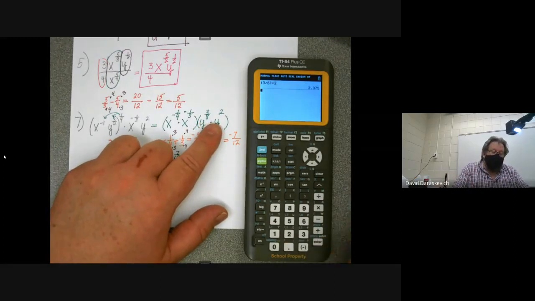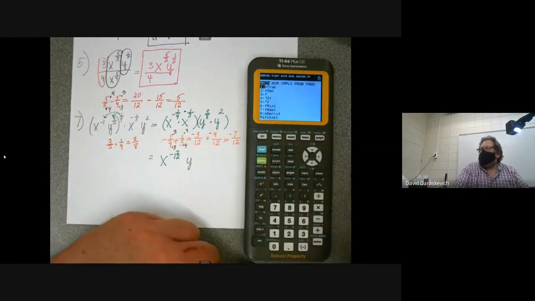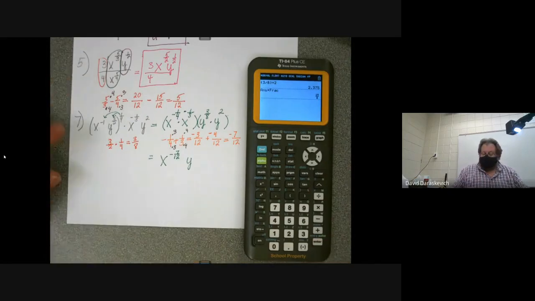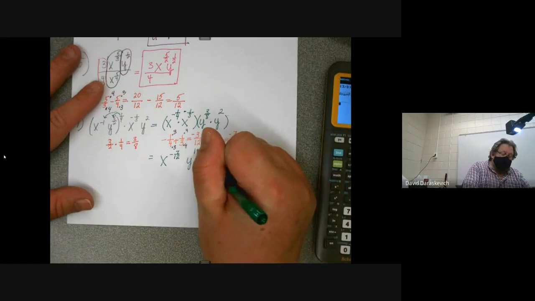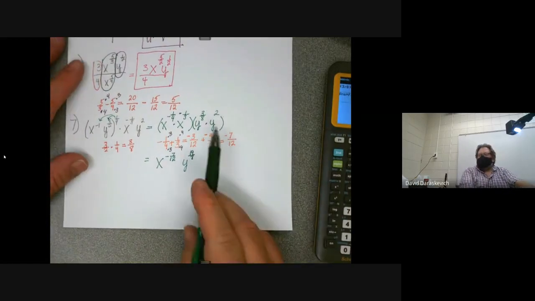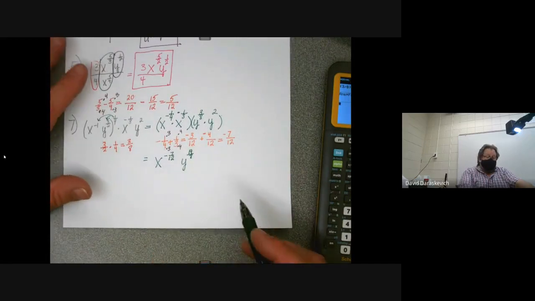I'm going to hit enter, get a decimal, then I'm going to hit this math button, and then enter, enter. I get 19/8. A lot easier than doing it manually, but again, if you need to practice, try doing it manually.